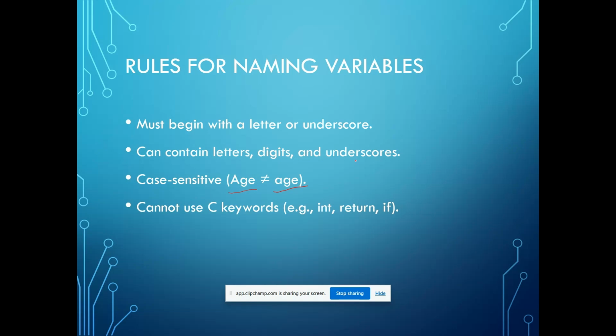And also you cannot use reserved keywords like int or return when naming variables. So you can't write int int x, it's wrong. You cannot write return y, it's wrong.